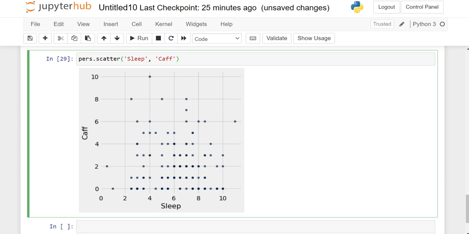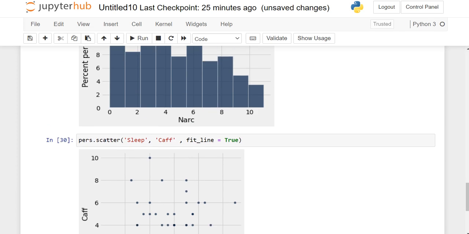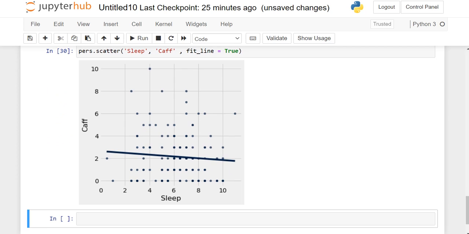And I say that because I want to show you it has this option where I can throw in a comma and do fit underscore line equals true. Remember, the true needs to be capitalized, so a capital T. Okay, and what happens here, I get the same exact graph, but then it draws in a line.